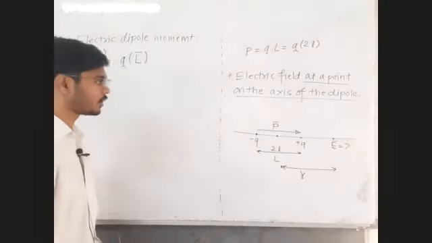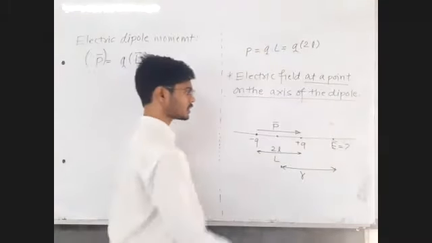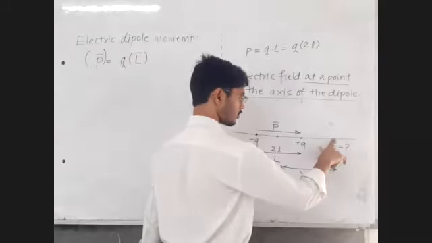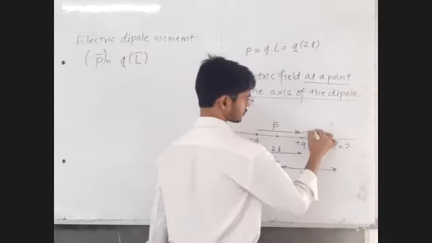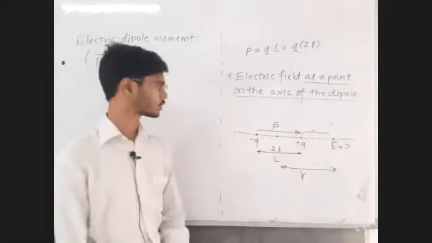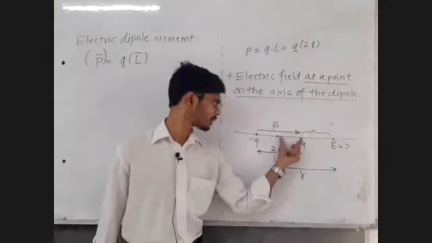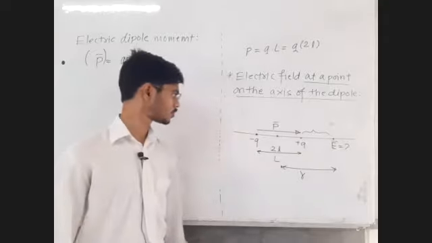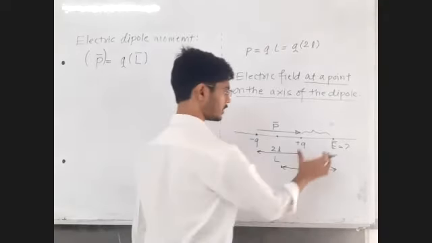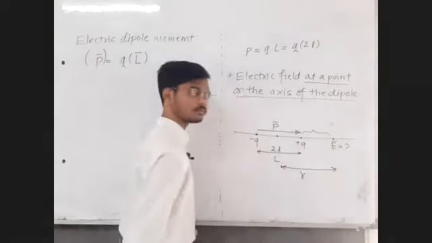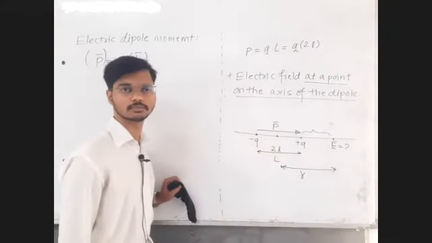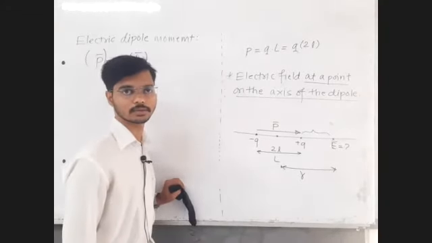Okay, sir. Now you people tell me, what is the distance of the given point from the first charge? Bola. This total distance r, this half distance l, this half distance l, all those things you already know. Then what will be this distance? Perfect, Advait, everyone?